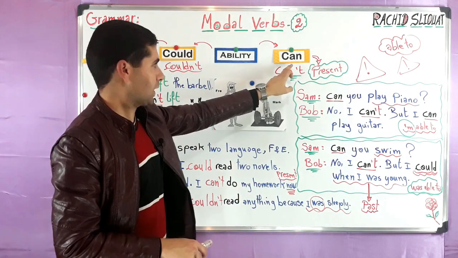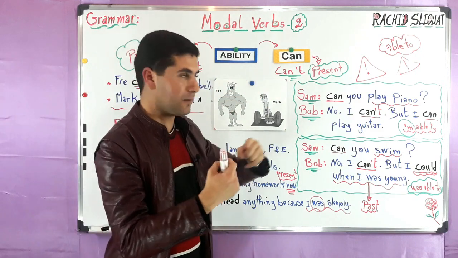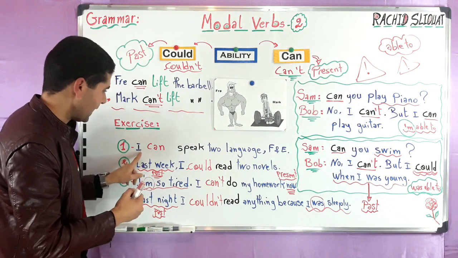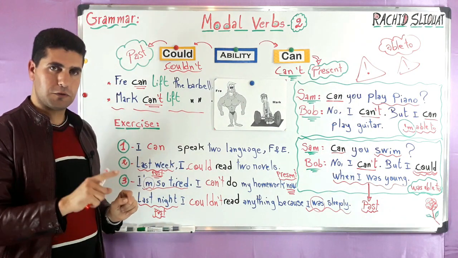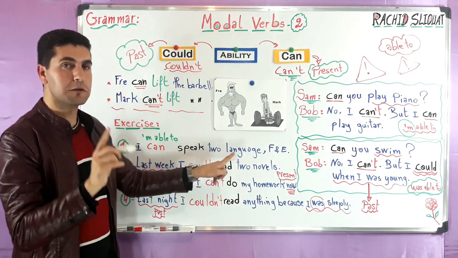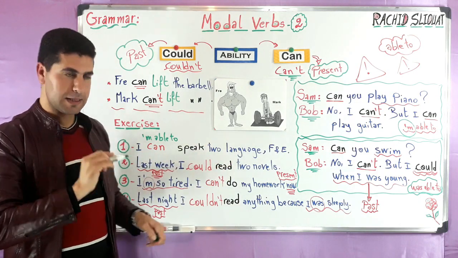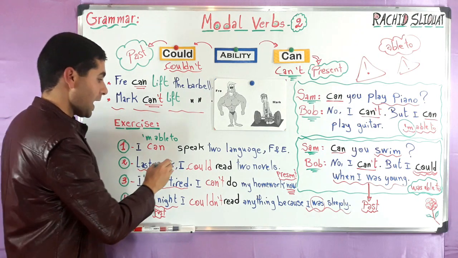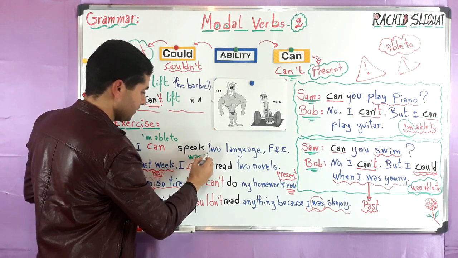As I told you before, can or could can be replaced by be able to. For example, I can speak two languages, French and English, or I'm able to speak two languages. Last week I could read two novels, or I was able to.